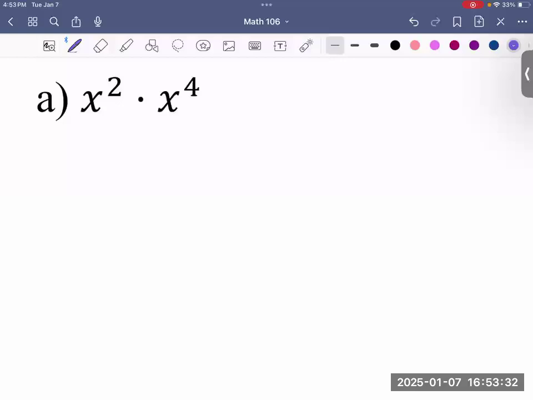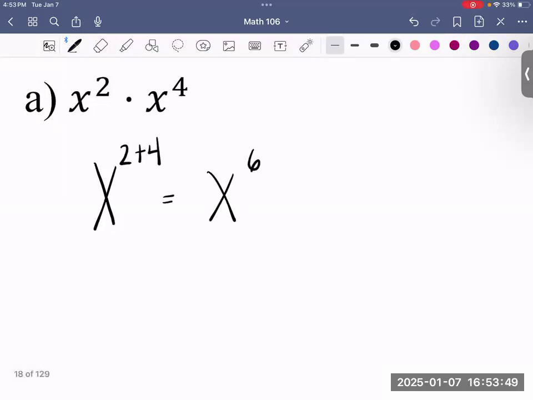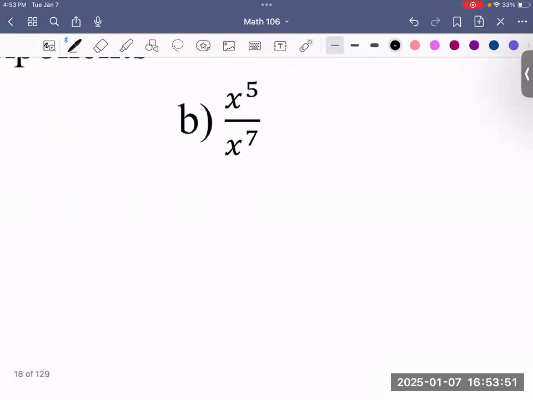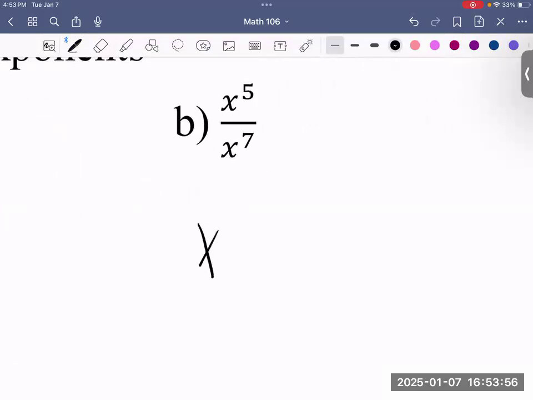Well, here we have the product rule, right? We have two things of the equal variable that is separated by multiplication. So we can bring those together and say, okay, well, it's now going to add to make x to the 6th. The opposite is true. You have the same, and now you get to subtract.